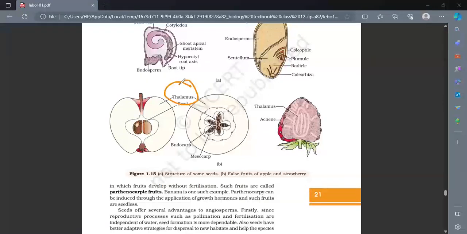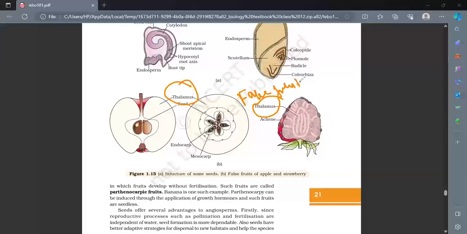Again, they've shown you the example of strawberry also, where the inside part is actually not the ovary, but again a thalamus part. So any fruit where this thalamus region is located is not a true fruit, but a false fruit, right?